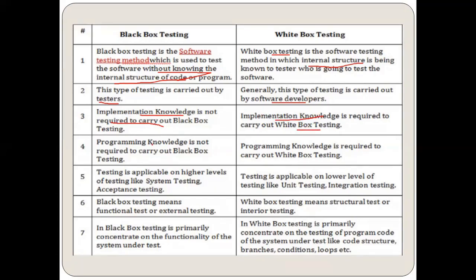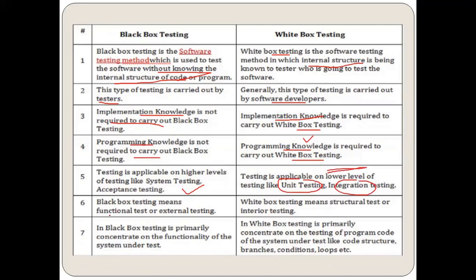Next one, programming knowledge is not required for black box, but for white box testing programming knowledge is required. Black box testing is applicable on higher levels like system and acceptance, because here we are going to check the functionalities. White box testing is done more on unit testing and integration testing, that is at the low levels of testing.